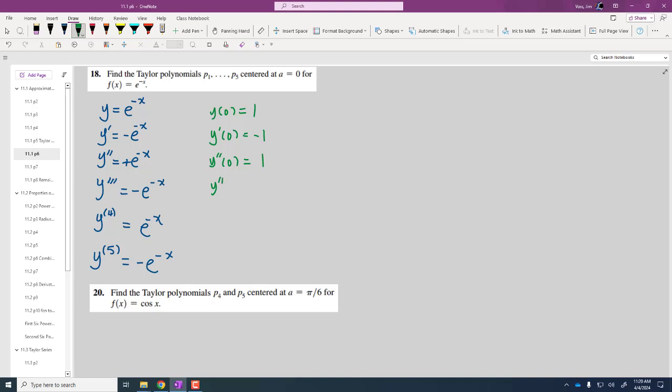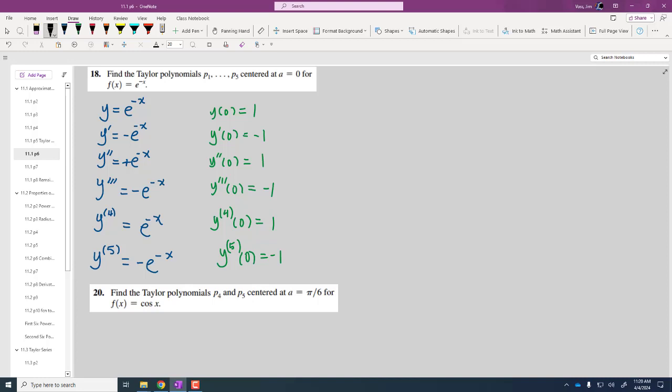Y triple prime of 0, negative 1. So you can see that we're getting an alternating series. All right, so there are the derivative values at the center that they gave to us.